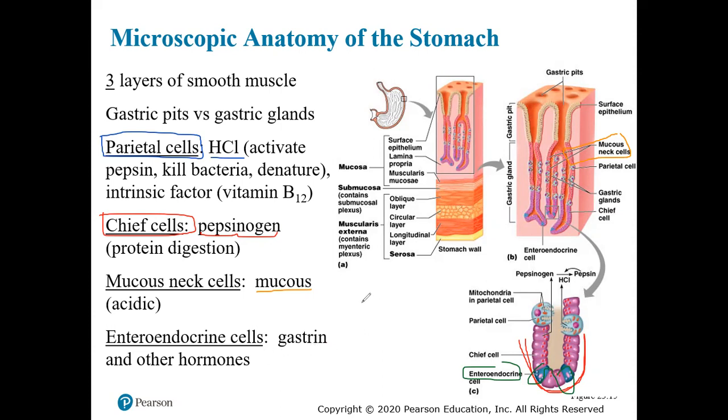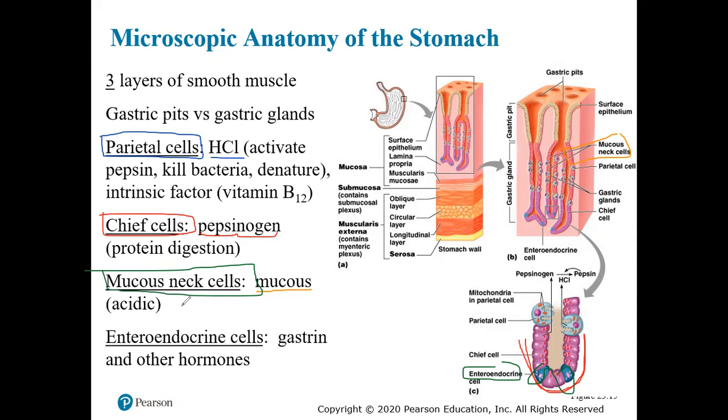Okay, so the main ones to keep in mind, because we're really focusing on digestion right now, are the parietal cells, the chief cells, the mucus neck cells.